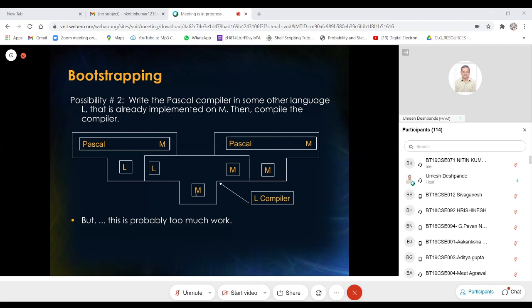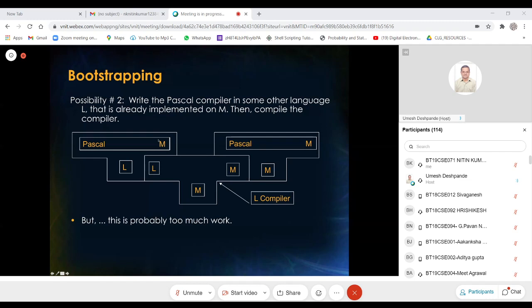So now, instead of writing this translator in assembly, we can use this language L, which might be a higher level language, such as C, for example. So could we now write this particular compiler, the Pascal compiler, which translates any program given in Pascal and converts it into an equivalent program which works on this machine M?